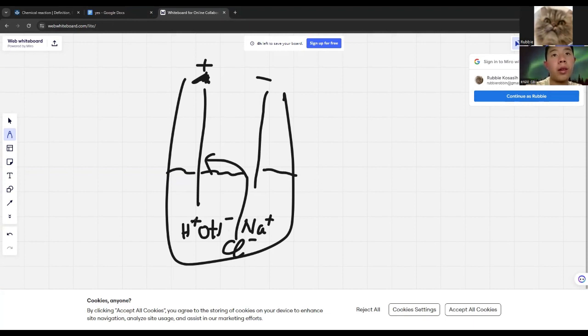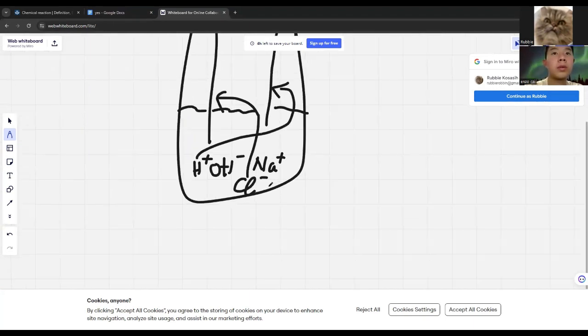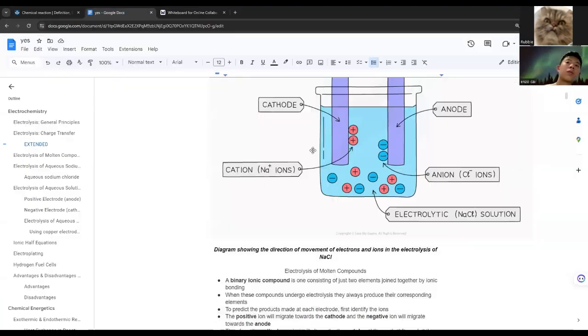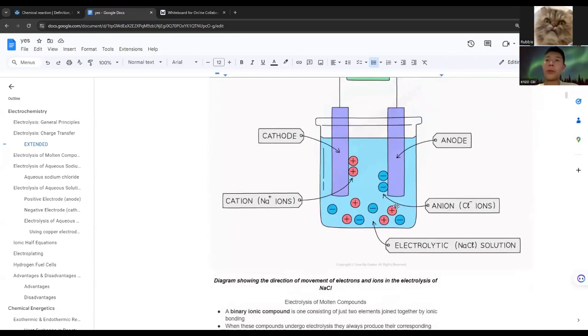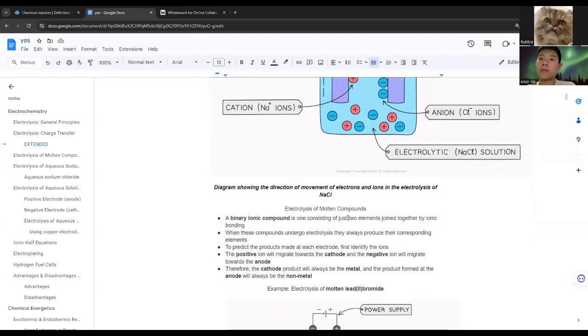If it's not concentrated, hydrogen will be formed here, but I'll explain that later. Hydrogen will be formed here, and in the electrolyte we will find NaOH, sodium hydroxide. But that's only aqueous. This is aqueous, right? There's no molten NaCl.